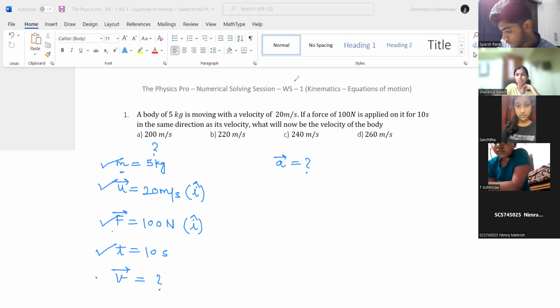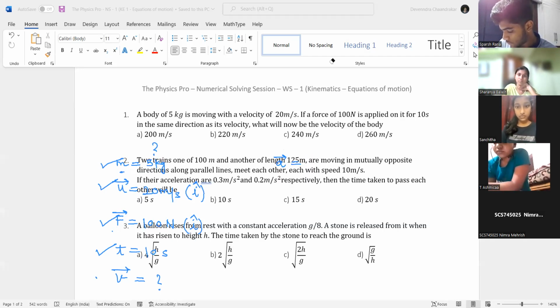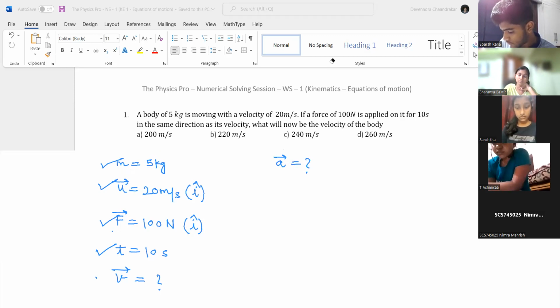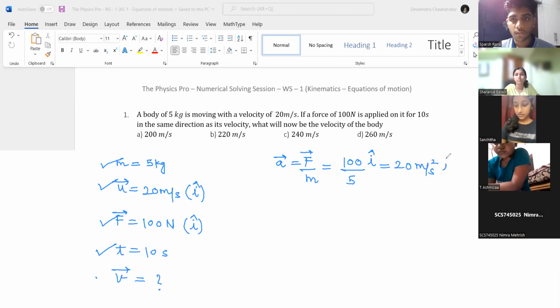Yes, of course, mass is a constant. So can I apply force is equal to mass into acceleration here and find acceleration? So what is it? It's 100 i cap upon 5. So this is 20 meters per second square i cap, right?